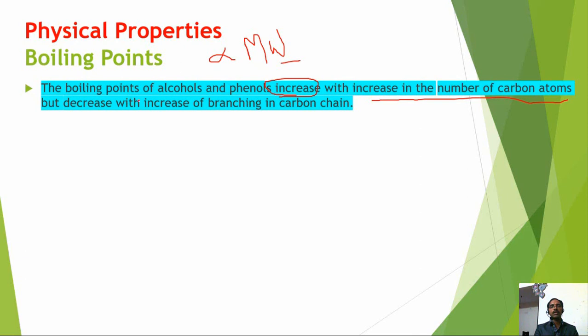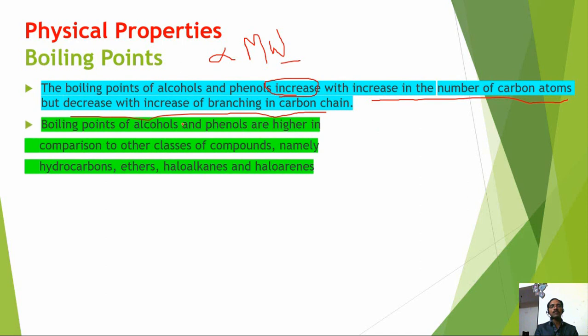So when the number of carbons is increasing, molecular weight is increasing, that means from methyl alcohol to ethyl alcohol boiling point increases, ethyl alcohol to propyl alcohol again boiling point increases. But the second point here, they decrease with increase of branching in the carbon chain. Whenever branching is increasing, the surface area is decreasing, so boiling point is decreasing.